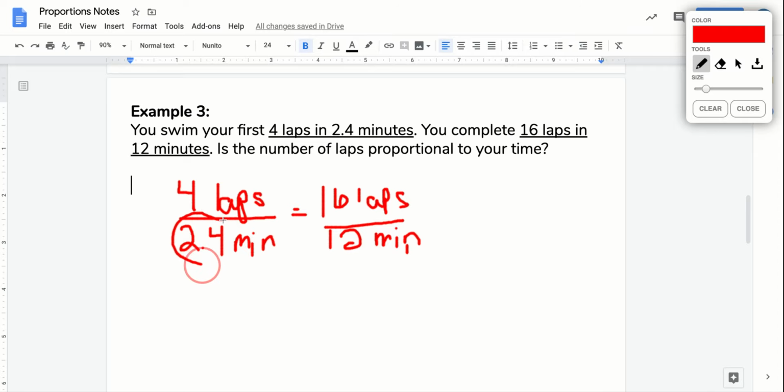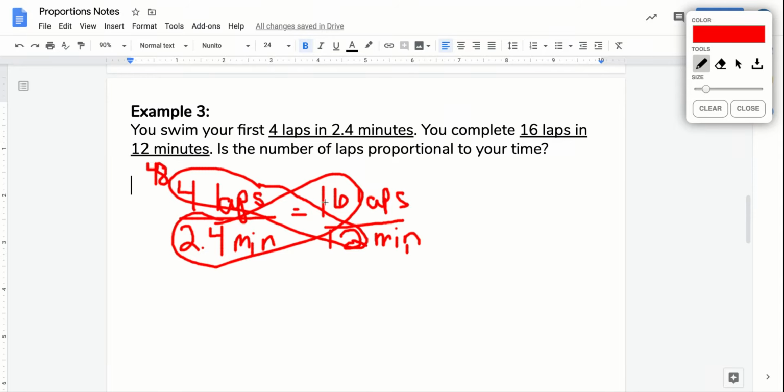So now I'm going to draw my butterfly loops, and I'm going to multiply. So 4 times 12, and this is 12, let me make that neater. 4 times 12 is 48, and 2.4 times 16 is 38.4.